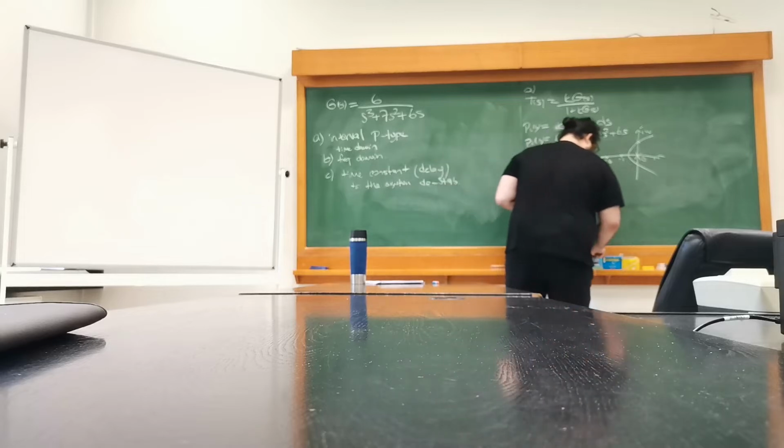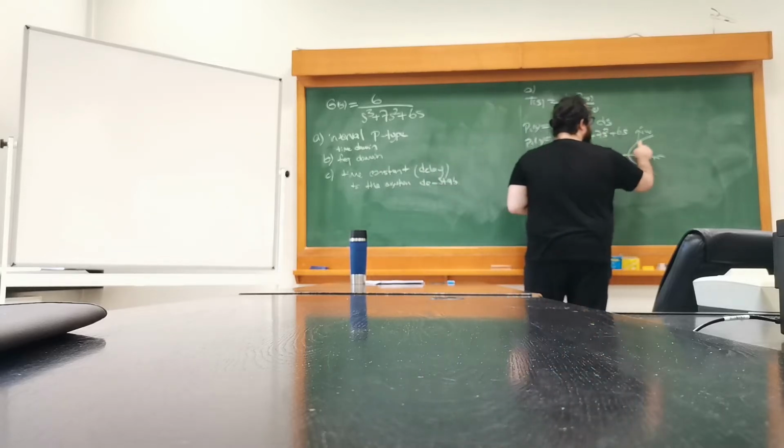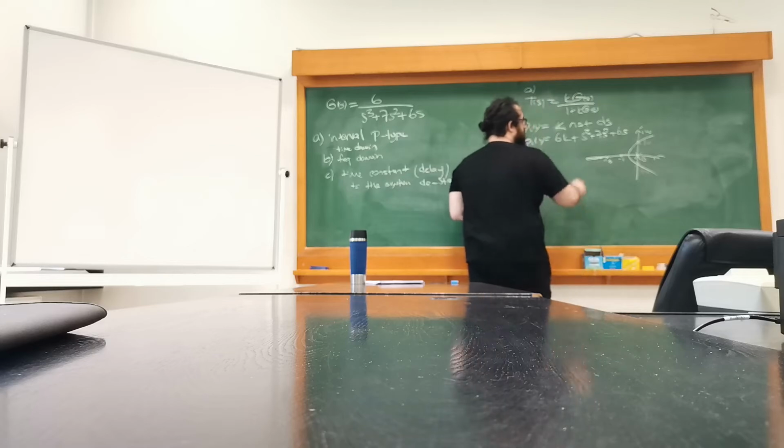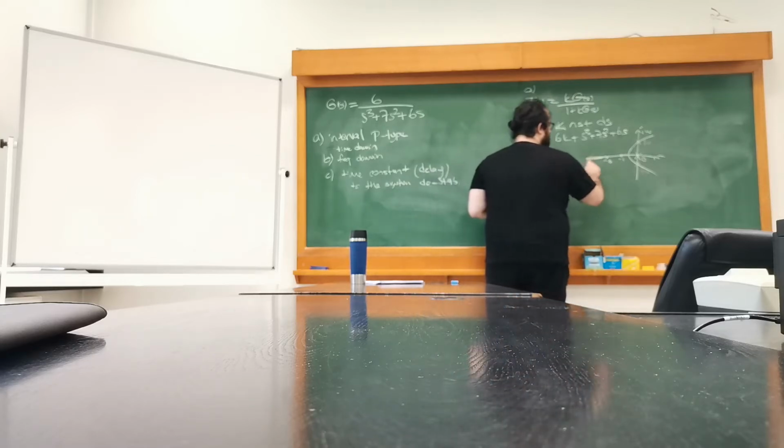So let me pick another color. There we go. So I'm interested in this and this. So we will have here j omega and minus j omega. Of course, the third pole will be somewhere here, which I don't really know.